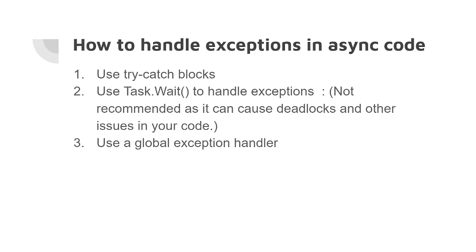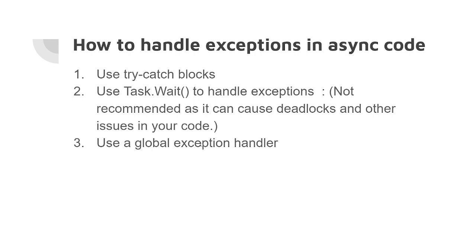You can use the InnerException property of the AggregateException to access the original exception. Then use a global exception handler. If you want to handle exceptions globally, you can register a global exception handler using the AppDomain.CurrentDomain.UnhandledException event.